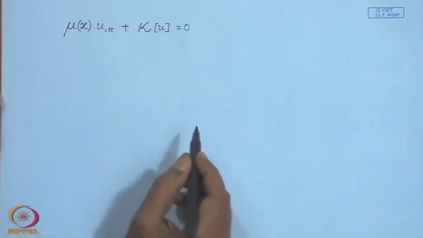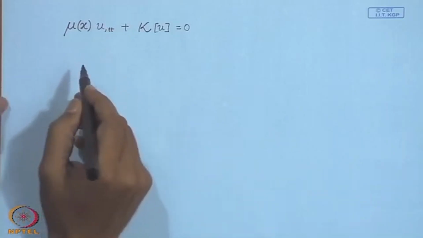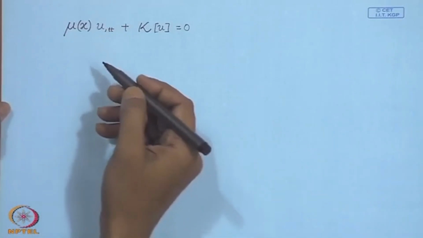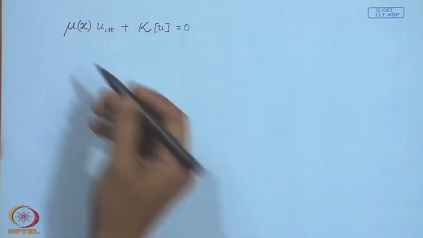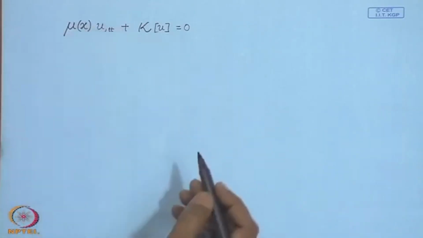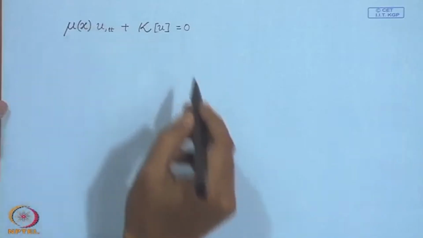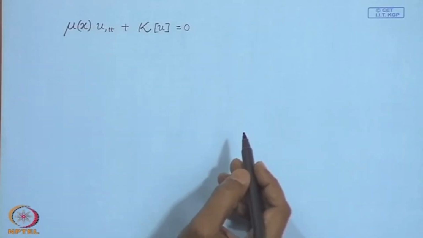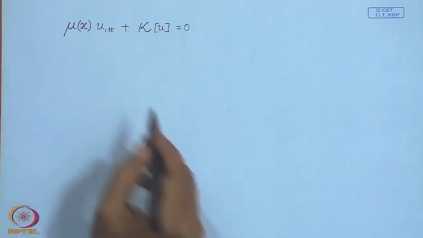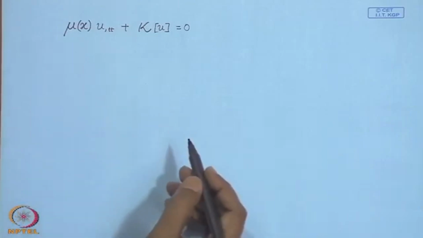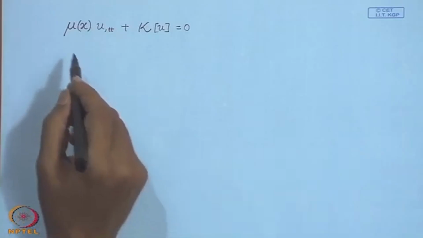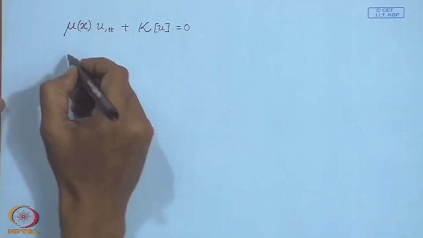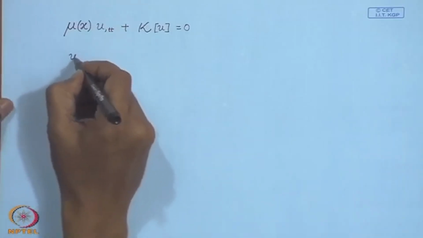Essentially what we are going to do is discretize. This is a continuous system, described by this partial differential equation. So, what we aim to do is to discretize this equation of motion.